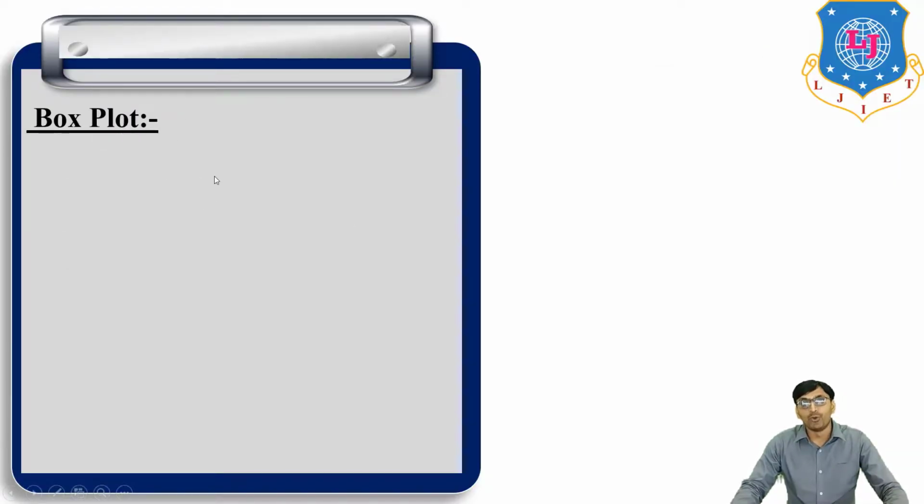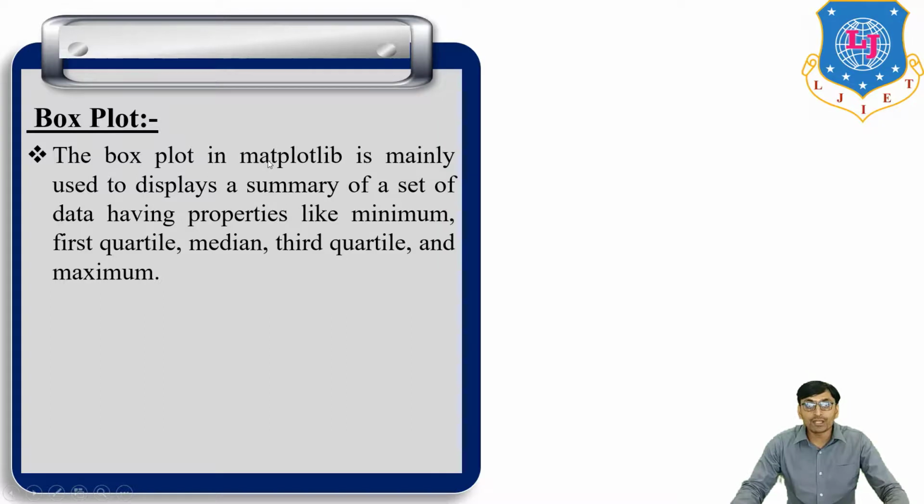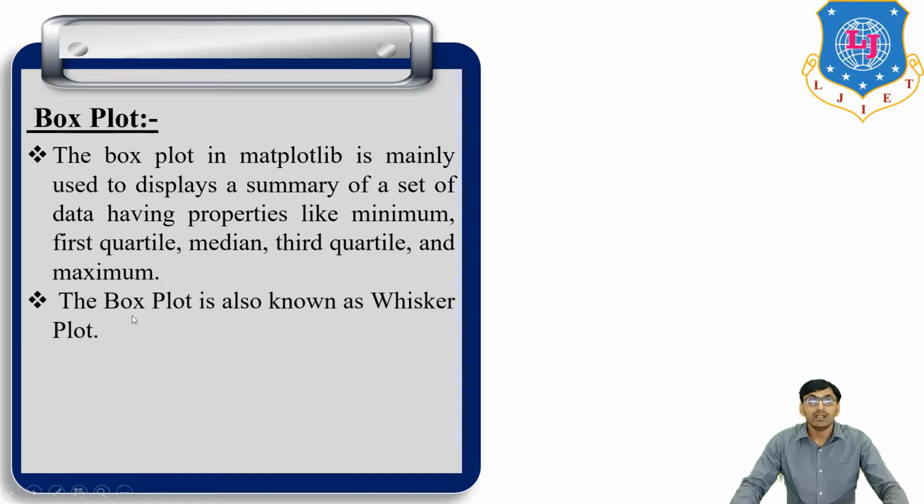Then the box plot. The box plot in matplotlib is mainly used to display a summary of a set of data having properties like minimum, first quartile, median, 75 percentile, and maximum. The box plot is also known as a whisker plot.